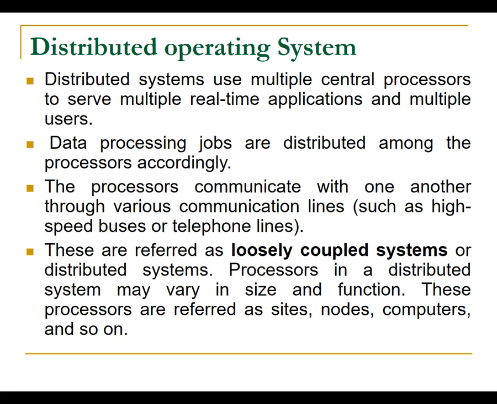For example, suppose I have 5 processors: the first is Pentium 4, the second is Celeron, third is i3, fourth is i5, and the last one is the latest one, i7. Then a distributed operating system can also be configured through all these processors.